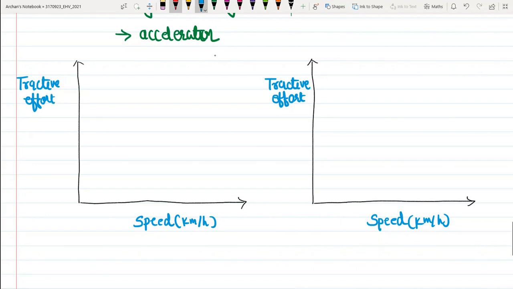Now this time we will use some ranges: 50, 100, 150, and say 200.